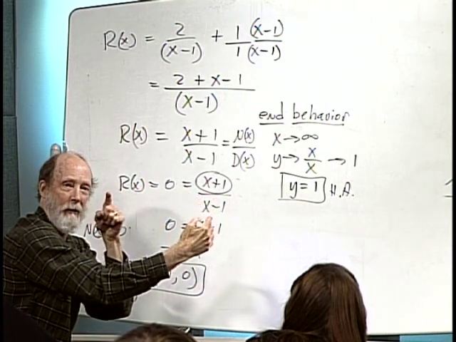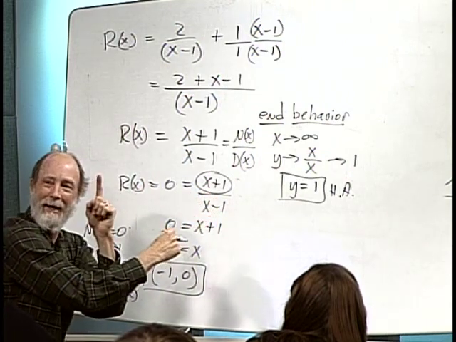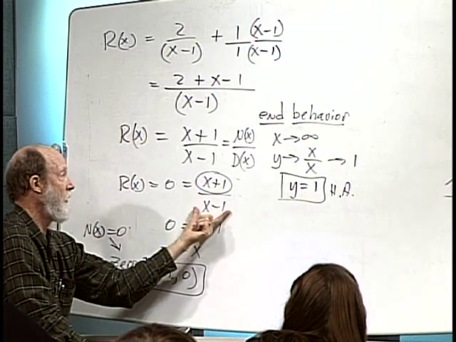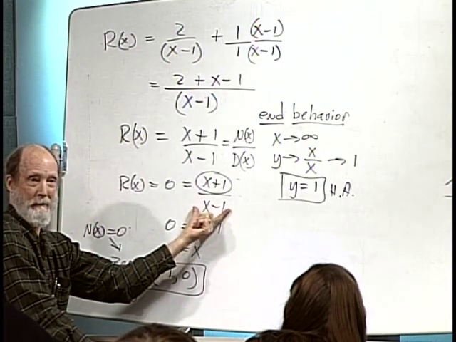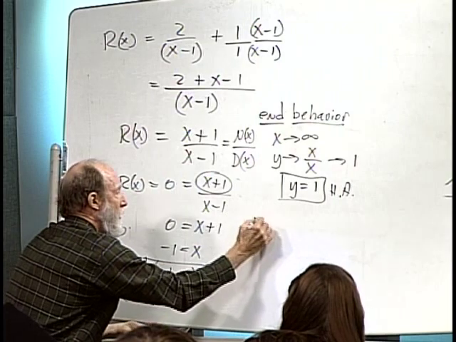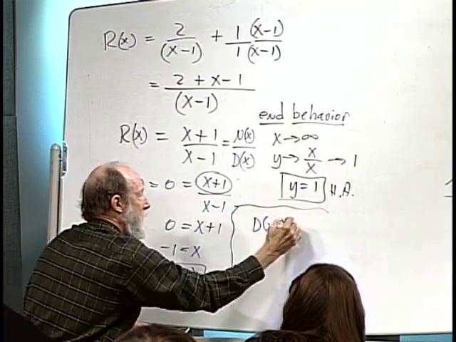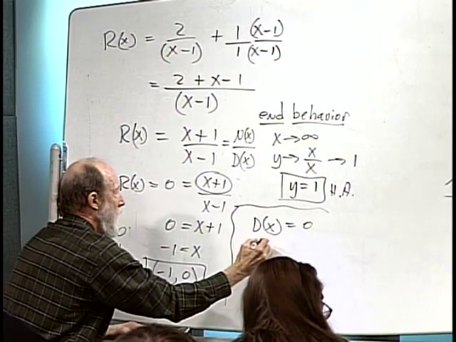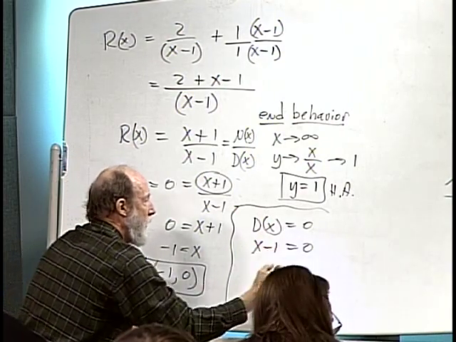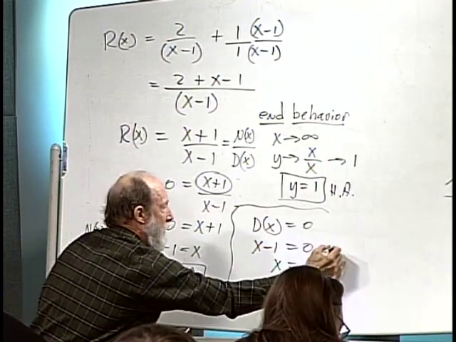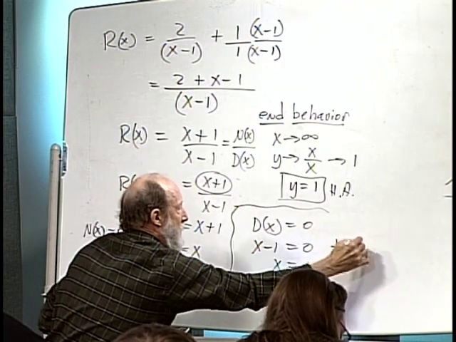And I heard somebody mention it. If the denominator goes to 0, you've got trouble. Okay, so if your denominator goes to 0, x minus 1 equals 0, x equals 1 is a place for trouble.